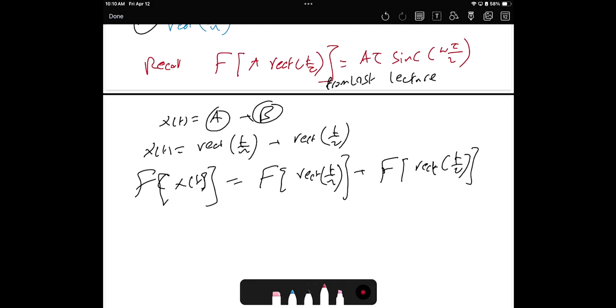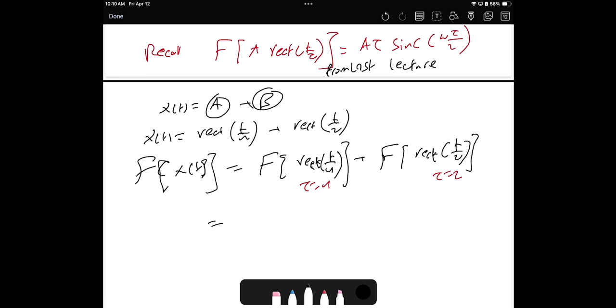Here, tau equals 4. Here, tau equals 2. So for the first one, the amplitude is 1, so it will be 1 times tau, which is 4, times sinc of omega 4 over 2. Then plus 1 times tau, which is 2, then sinc of omega 2 over 2.